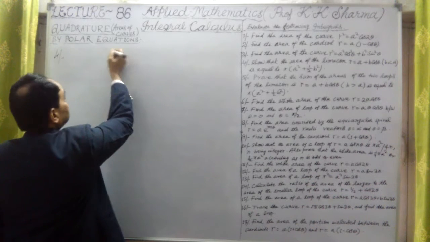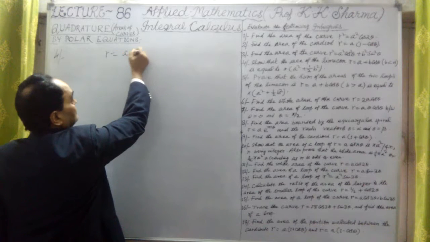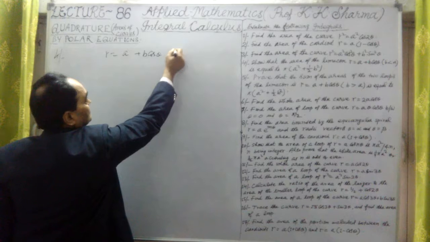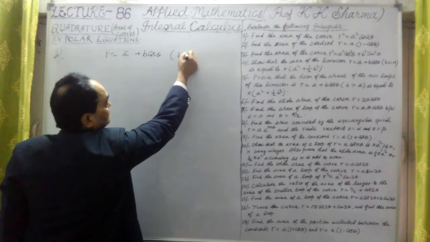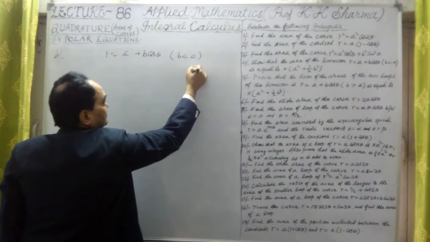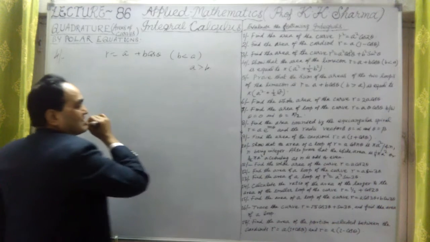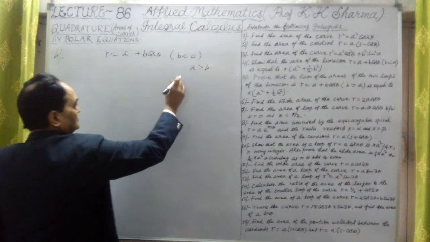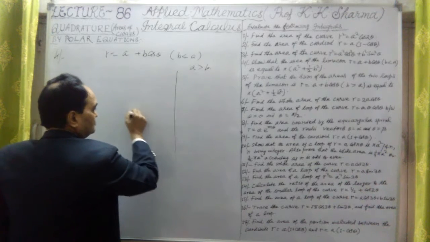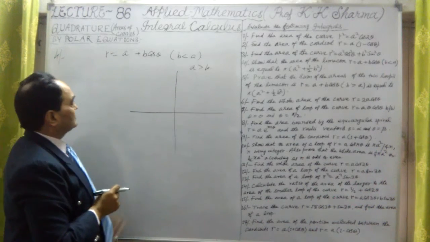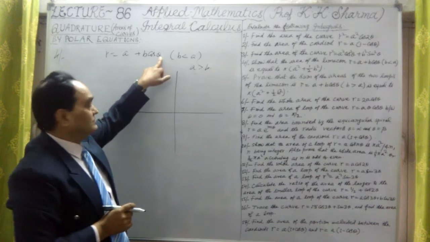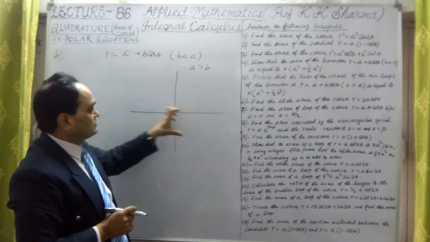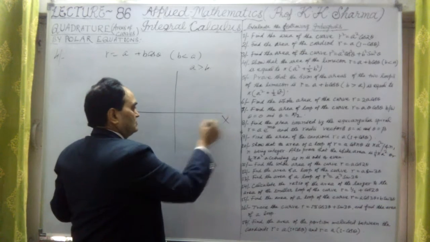So the limacon is given as r equal to a plus b cos theta, where b is less than a, which means a is greater than b here. A minus b is a positive value. So the limacon is of this shape. Now, in this case again, if I replace theta by minus theta, the curve does not change, so it is symmetric to the initial line, that is the initial line OS.